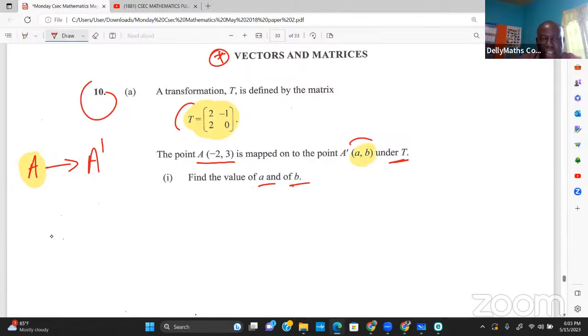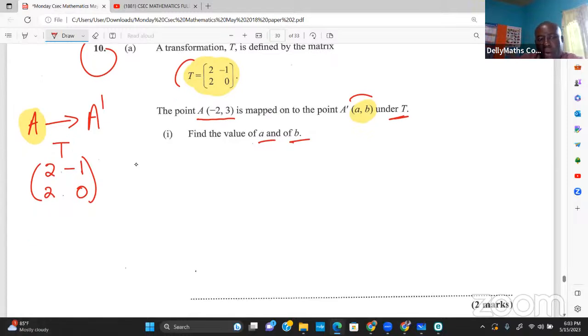Normally you put that transformational matrix to the left, so you'll have 2, -1, 2, 0. This is transformation T. And the point A must be here, and you're going to write it in column form.